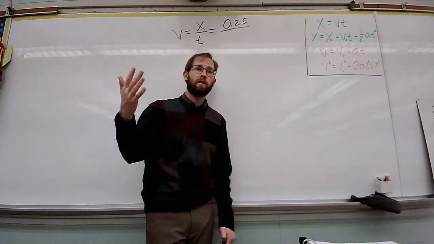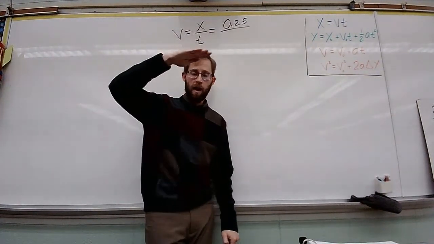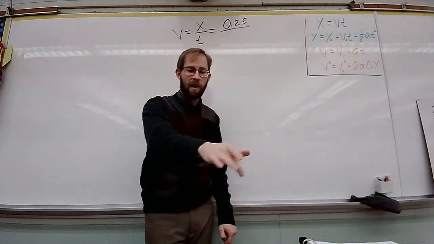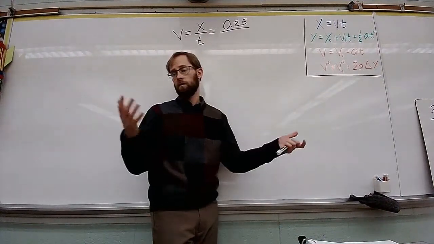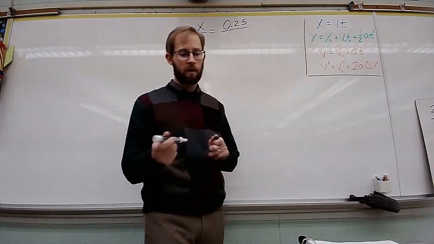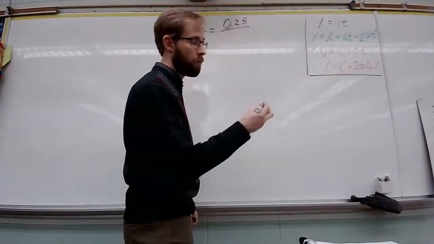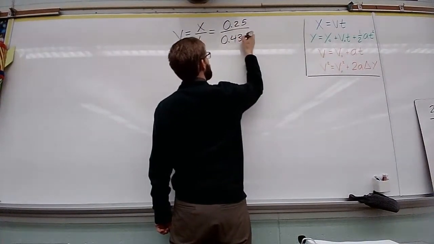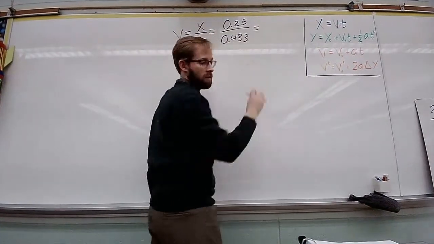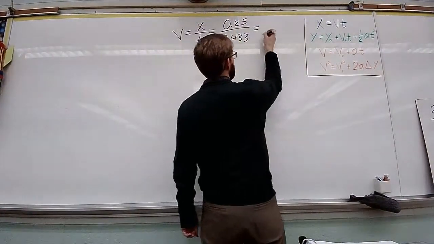So no matter what, it's going to take the same amount of time for that object to hit the ground as in example number 5. So we can use that exact same time as long as the table is the same height, which it is. And that time was 0.433. And that gives us a velocity of 0.577.